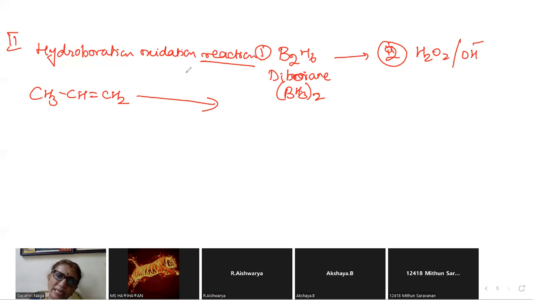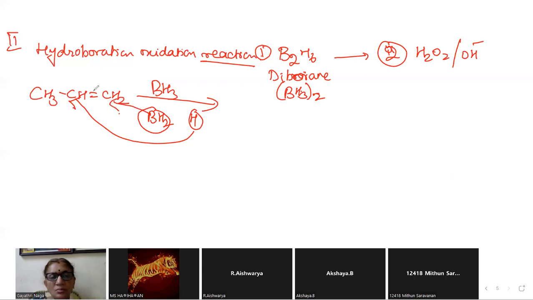You divide BH3 into 2 parts, BH2 and H. Now you connect H to the second carbon, and BH2 to the end carbon. Remove the double bond. So what you get? CH becomes CH2. This is CH3, CH2, with H attached.